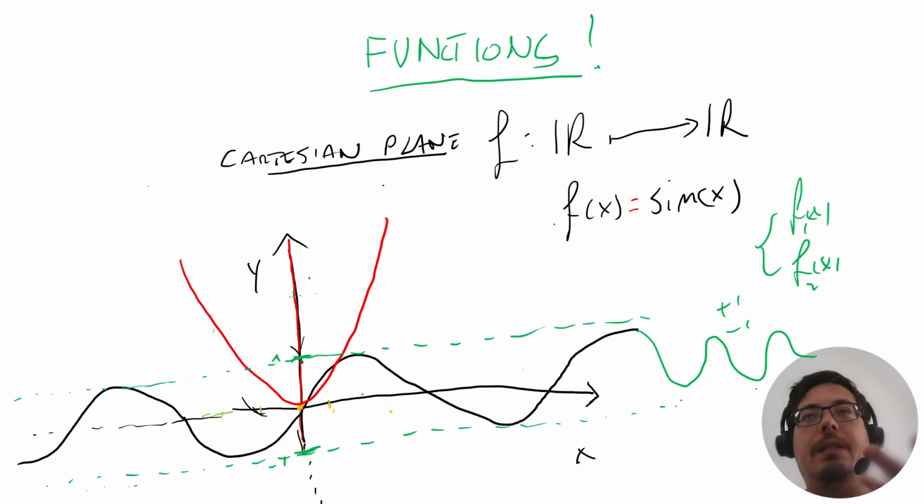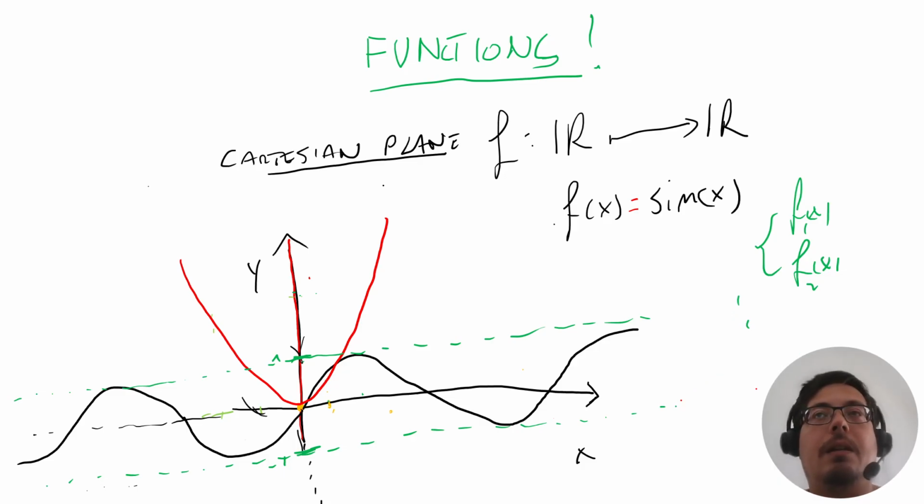You don't know what happens at infinity precisely, but definitely it will not be bigger than 1 or smaller than -1. If you want, the modulus will be at most 1. But this is a difference that you can think about, and also it's periodic, meaning that the same value happens again.